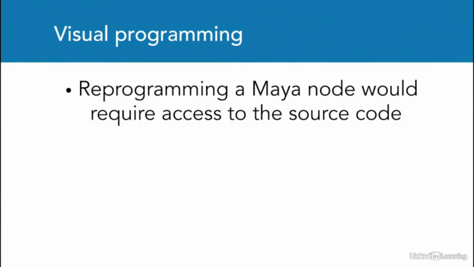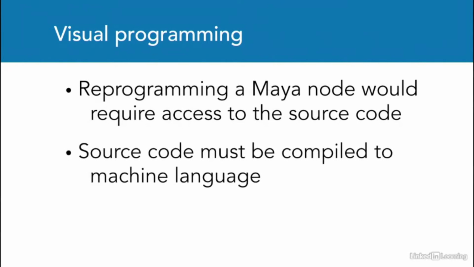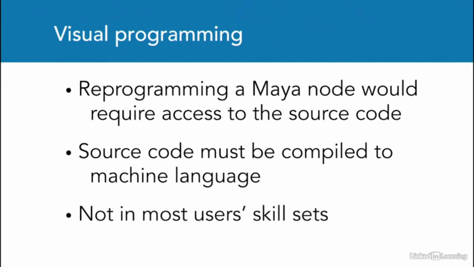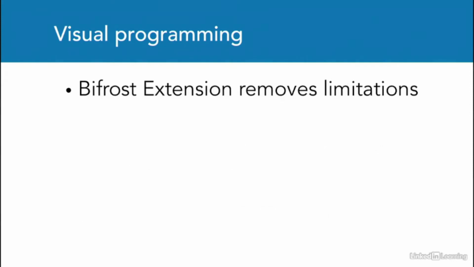To do that, we'd need to modify the node's source code and recompile it to machine language. But the Maya source code is not publicly available. And even if Maya were open source, modifying its code is beyond the technical abilities of the vast majority of users. But the Bifrost extension blows away all of those limitations.